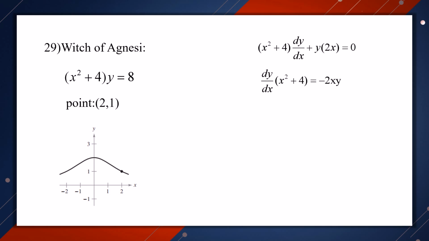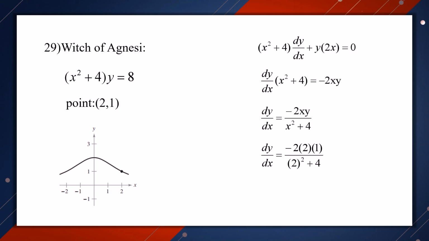And then we move 2xy to the other side, and then we will get dy over dx times x to the power of 2 plus 4 equal to negative 2xy, and then we get derivative of y equal to negative 2xy over x to the power of 2 plus 4.